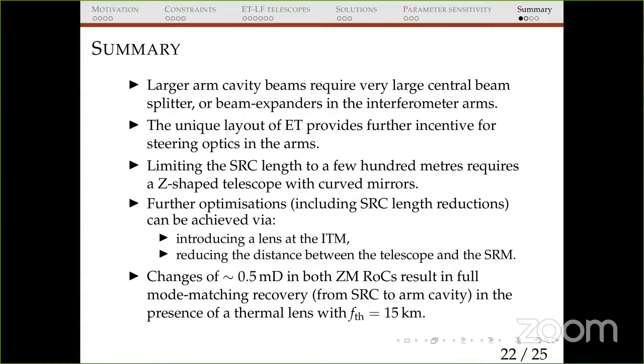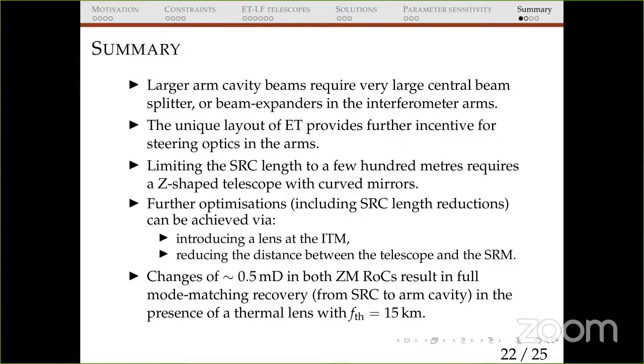The design of these beam expanders and the recycling cavities is somewhat more complicated, also due to the fact that you want to limit the SRC length, especially for ETHF, to avoid degradation in the high frequency part of the sensitivity curve.